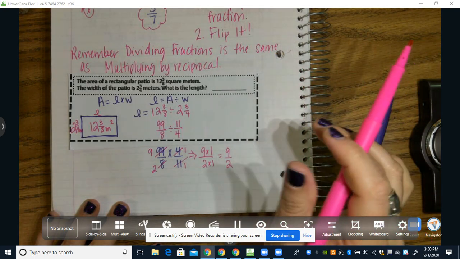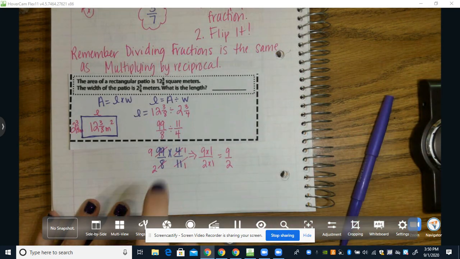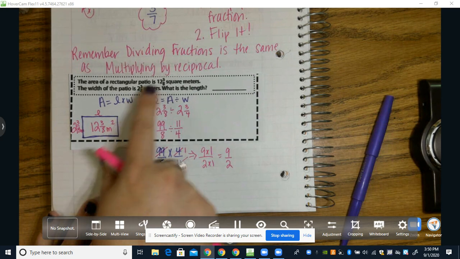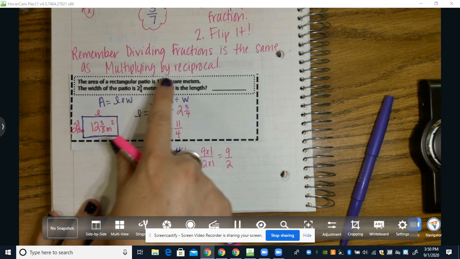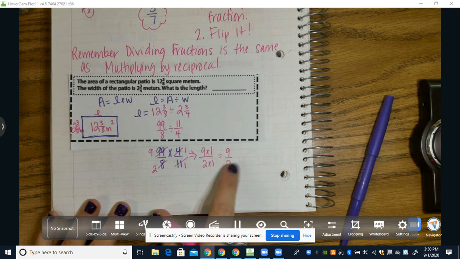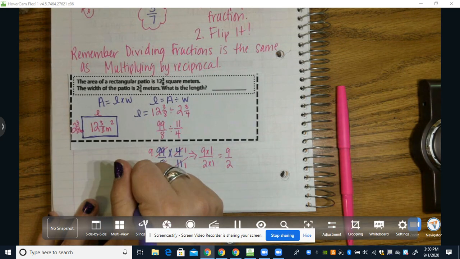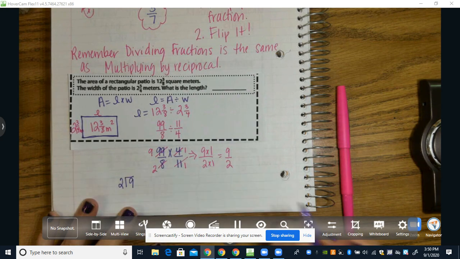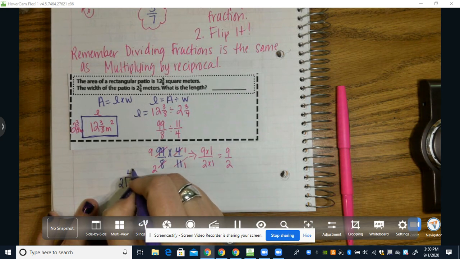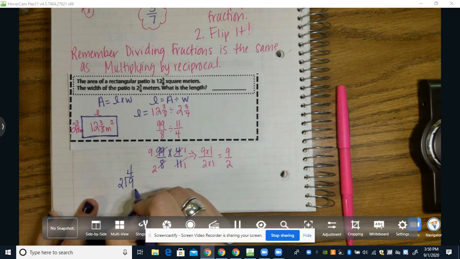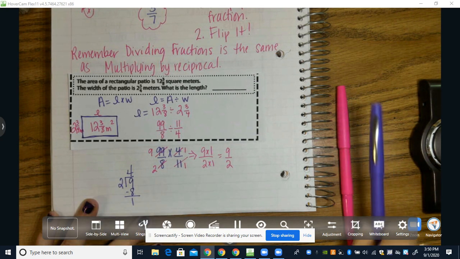That's my answer, but I'm not done yet because my question had mixed numbers. I've got to turn this back into a mixed number. So how many times can 2 go into 9? Well, 2 times 4 gives me 8 with 1 as a remainder.